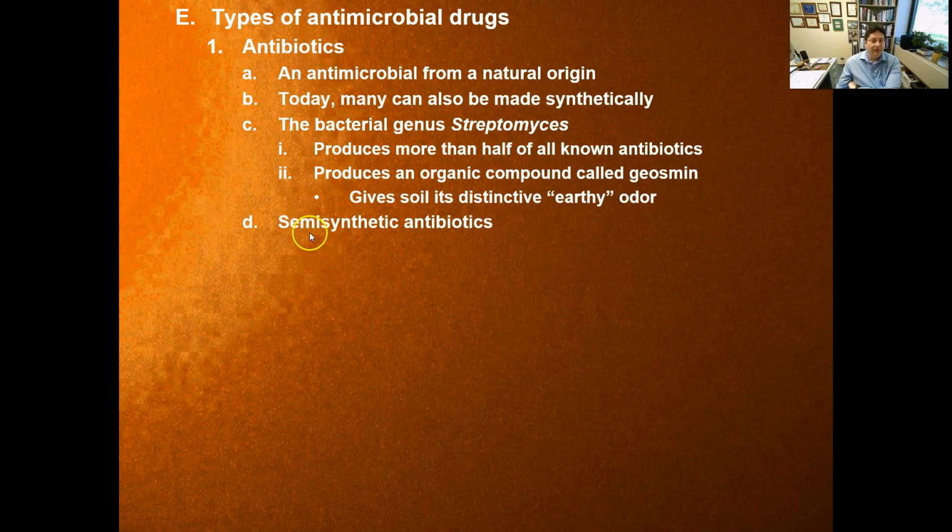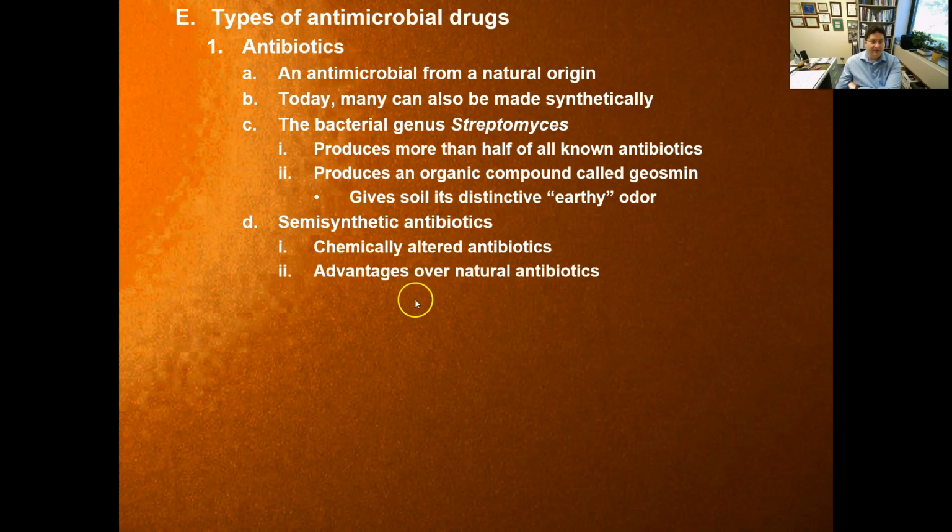Today, you can also have semi-synthetic antibiotics. These are chemically altered antibiotics. Now, why would you chemically alter one that came from a natural origin? Well, semi-synthetic have several advantages over natural antibiotics. They can be more effective, longer lasting, easier to administer, and even cheaper.